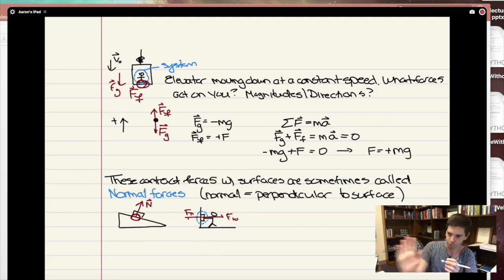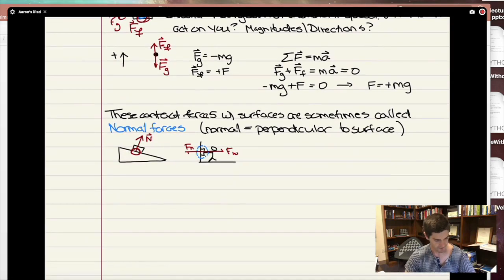Because what if I'm really pushing the book against the wall compared to just gently holding the book up against the wall? The wall has to respond in different ways. And neither of them have anything to do with gravity. So the normal force is not always mg. Do not think that it has to be. It really is just a contact force with a surface.